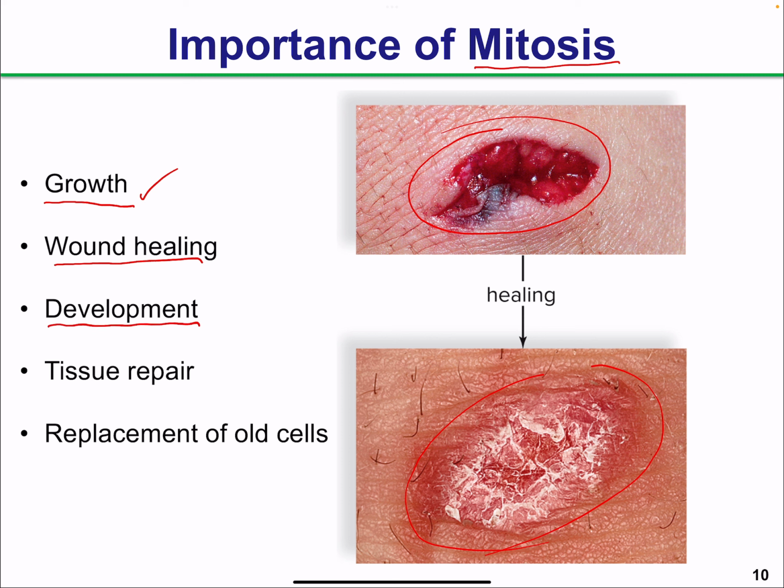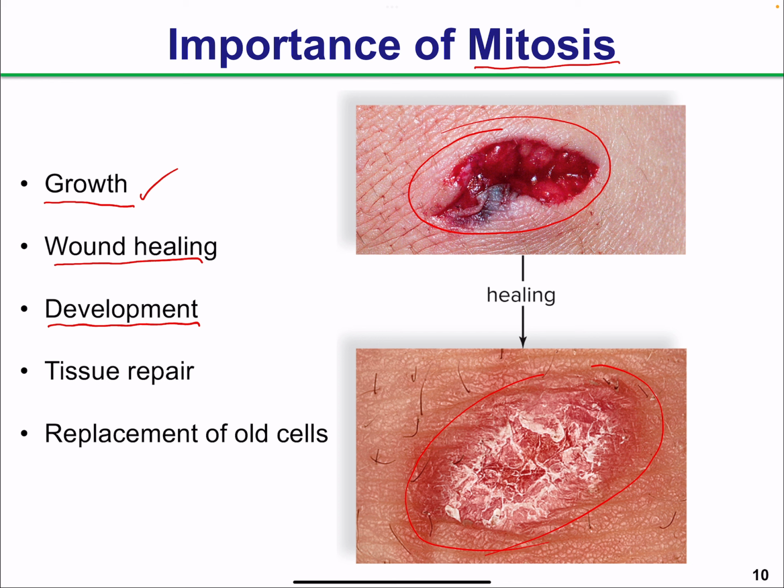The development, think of a sperm and an egg that come together, form a zygote. That zygote multiplies and forms an embryo, and that embryo is going to further develop to form a fetus, and that fetus is going to develop into a perfect individual until birth.